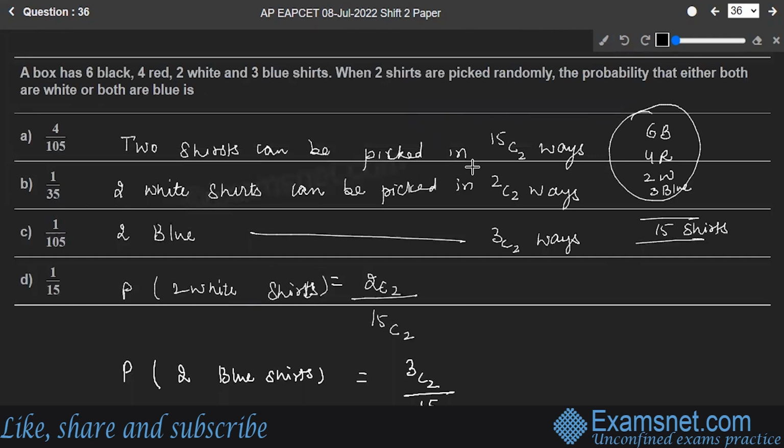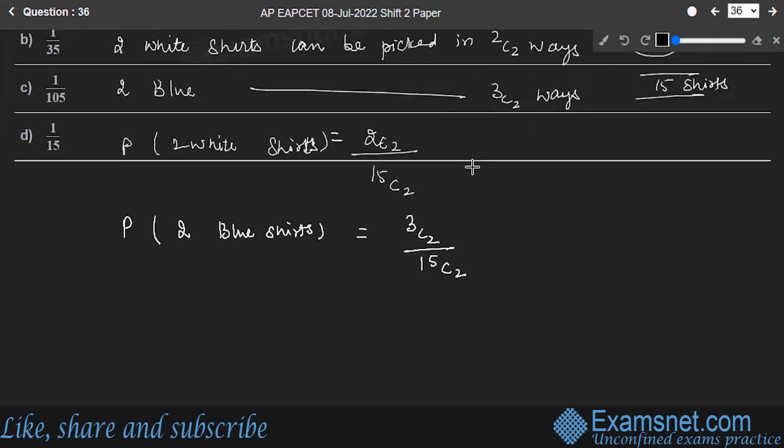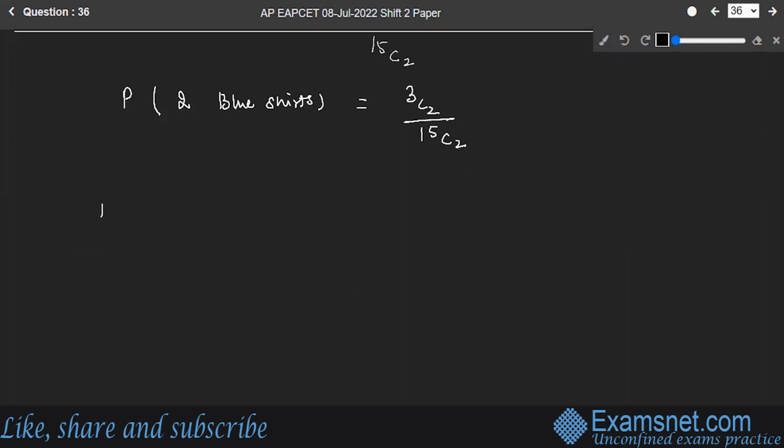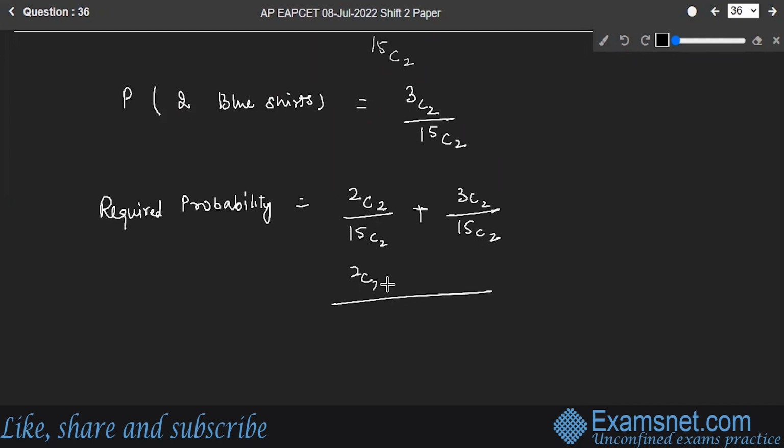Right? In the question, what we are asked is the probability that either both are white or both are blue. So the required probability is given by 2C2 upon 15C2 plus 3C2 upon 15C2. This gives you 2C2 plus 3C2 upon 15C2.